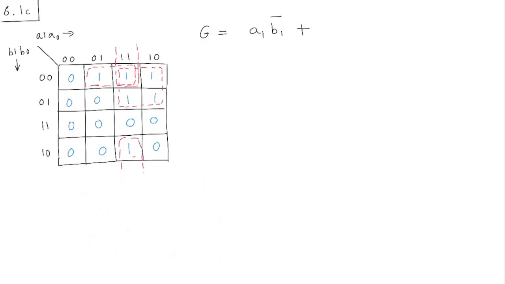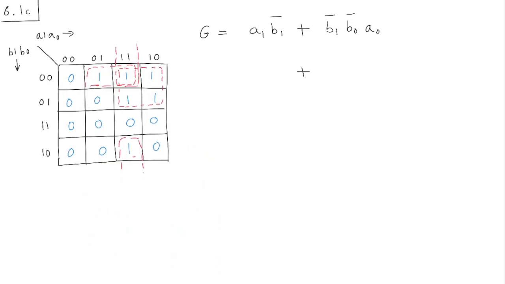In this case, A1 takes the value of 0 and 1, so A1 will not appear in the expression. B1 and B0 are taking the value 0, A0 is taking the value 1. So what we have is B1 bar, because B1 is taking the value 0, B0 bar again because B0 takes the value of 0, and A0 takes the value of 1, so we have A0.